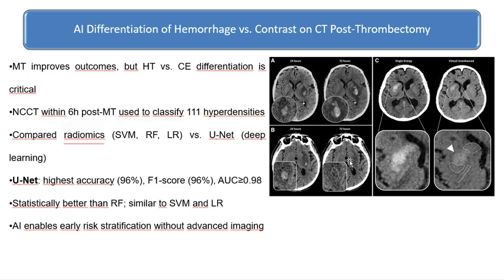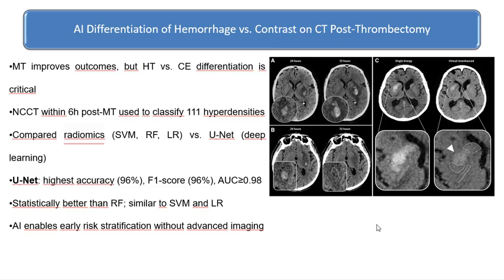So we trained a UNet model with just 111 cases to differentiate these cases of hemorrhagic transformation and contrast extravasation. We compared radiomic-based classifiers such as support vector machine, random forest, logistic regression with the UNet deep learning model.